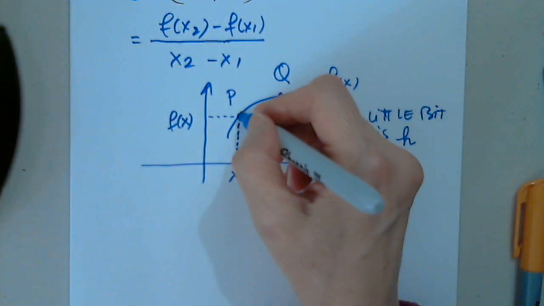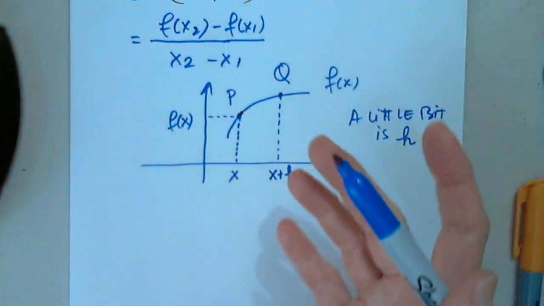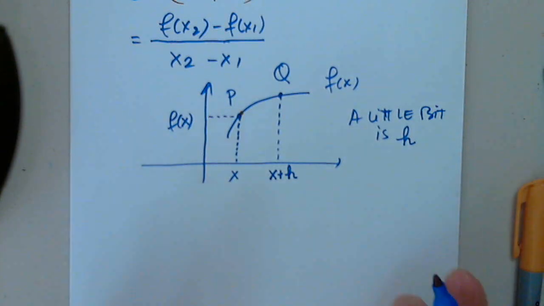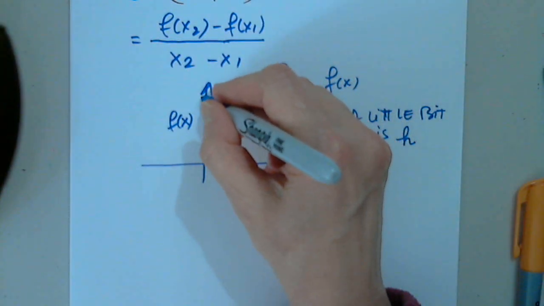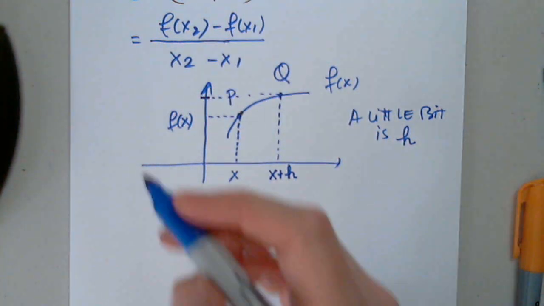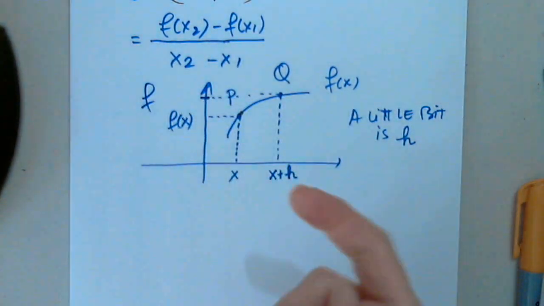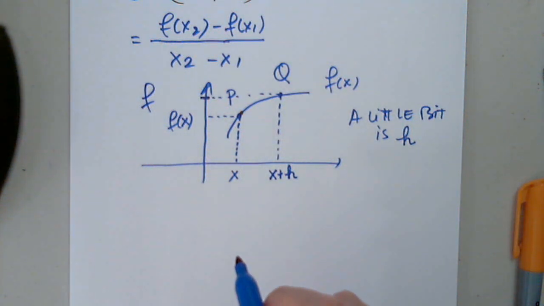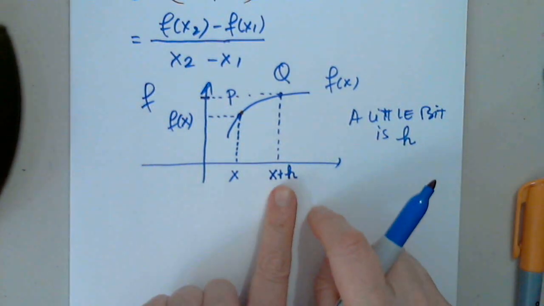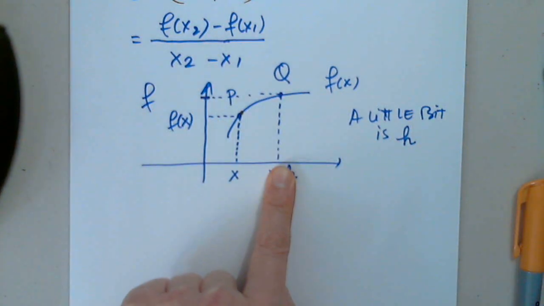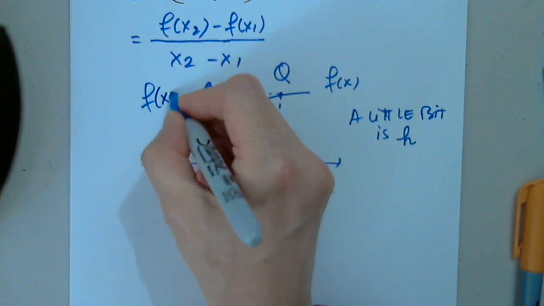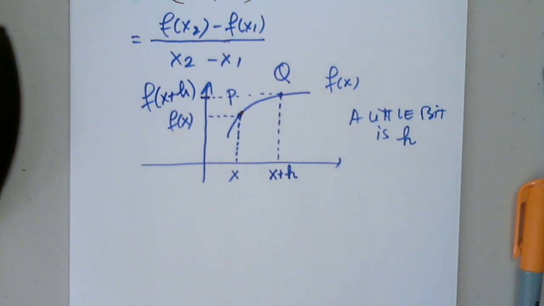So again, Q is very close, but I zoomed in because if I don't zoom in, I won't be able to show anything. Can anyone now give us the y coordinate of Q? Then it would be f of x plus f of q. Careful. The number is x plus h. How do I determine the y? f of x plus h. Exactly.